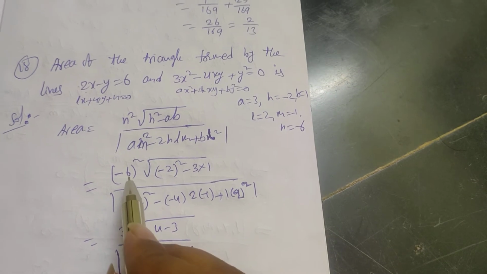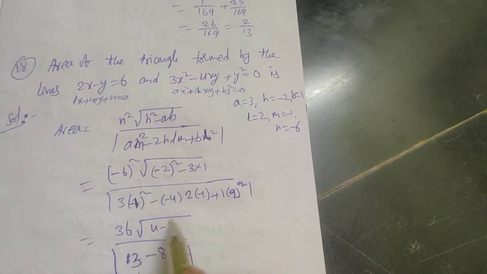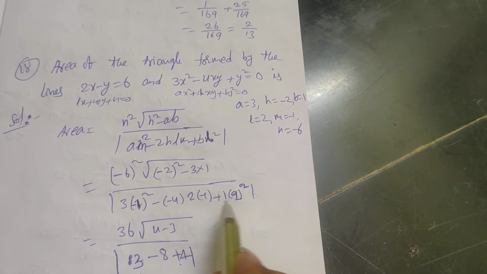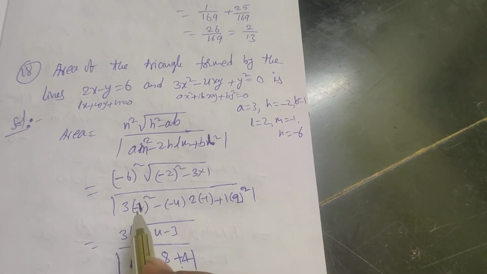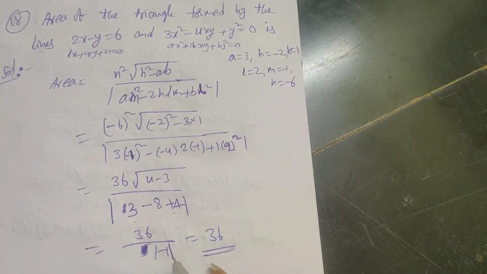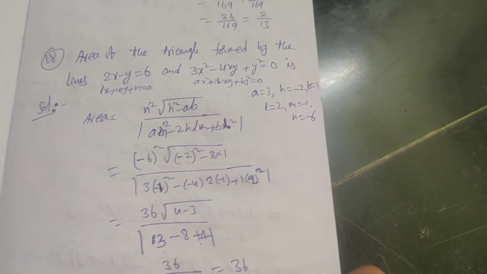So simplification: 36, it is 1 only, 4 minus 3. This is 3, this is minus 8, this is plus 4. So 3 plus 4 is 7, minus 8, that is nothing but modulus of minus 1. So 36 by mod 1 is nothing but 36. This is the answer for that question.